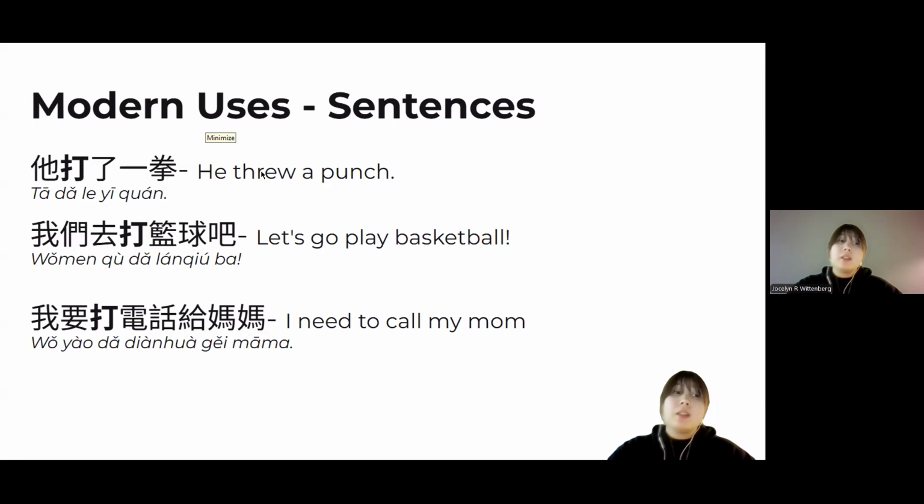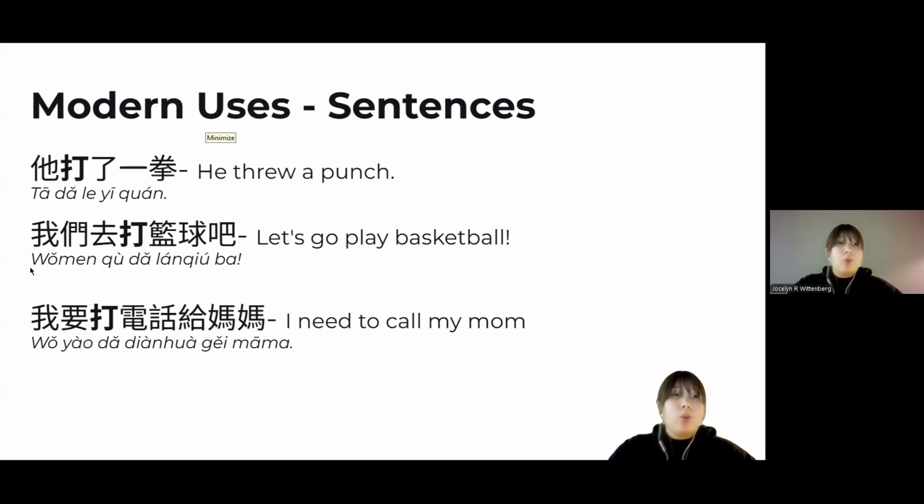So this literally means he, which is ta. We got da, which means to hit in this case. Le is an indicator of past tense in this case as well. And then 一拳, which means a punch. As you can see here, it also has a hand radical to indicate that this is some sort of hand movement.